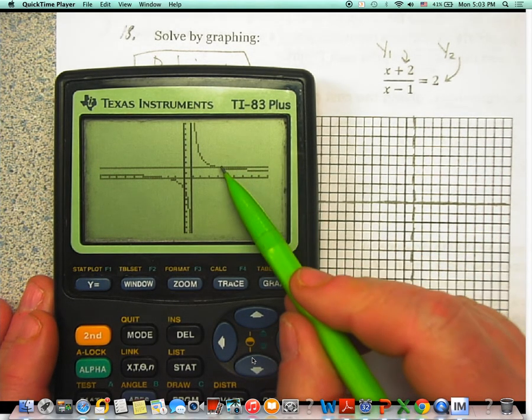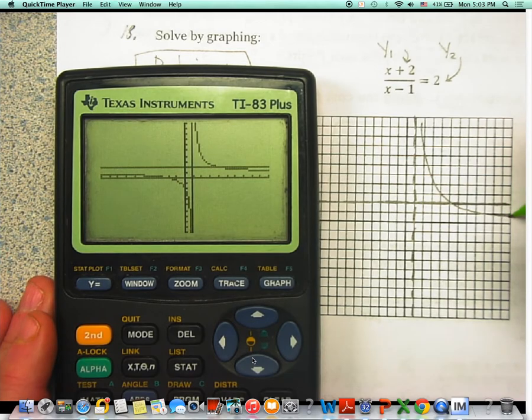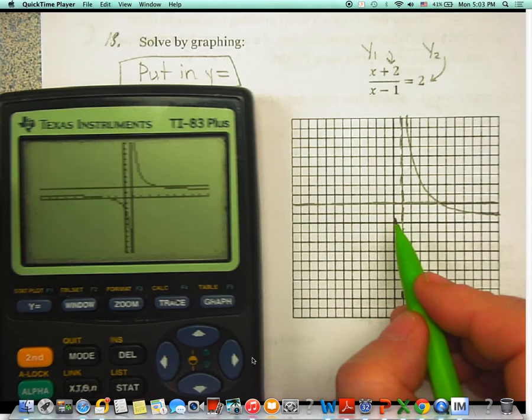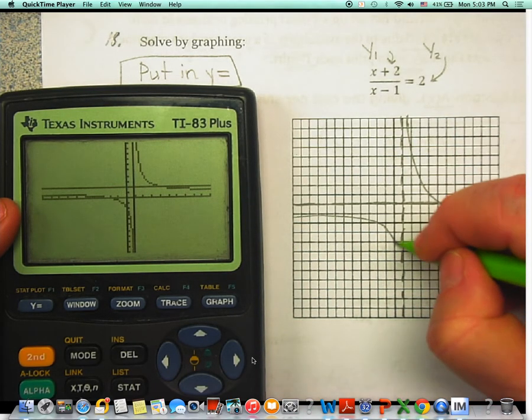Okay, then it looks like it crosses at 4, so I'm going to go ahead and sketch it so that it crosses at 4, and then we're going to double check that. Okay, then over here this comes down like this.